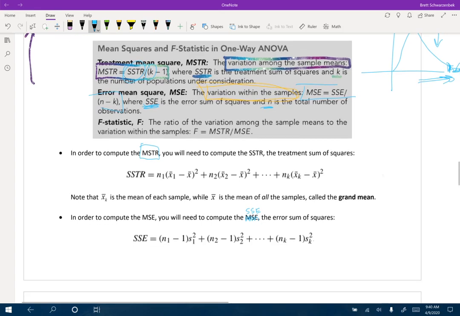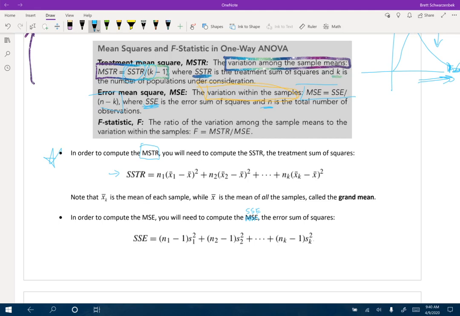It says in order to compute MSTR, you will need to compute SSTR, which is the treatment sum of squares. The formula is right here for computing it, and what you'll find is it's a lot like standard deviation from the standpoint that you're going to likely have to come up with some tables and do these calculations. For example, the subscripts represent the population number.